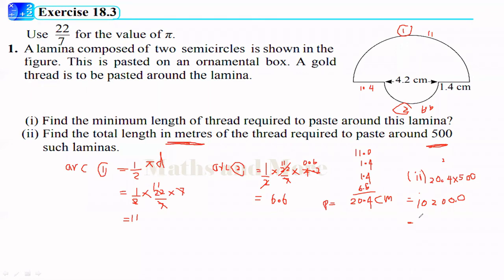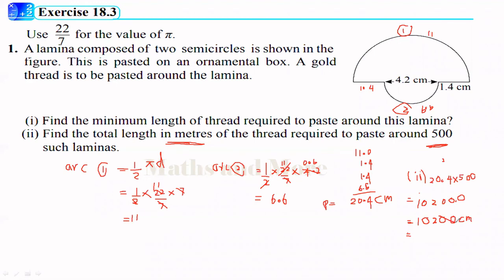This is in centimeters. So, to convert centimeters into meters, you have to divide by 100. Dividing by 100 means cancelling 2 zeros.